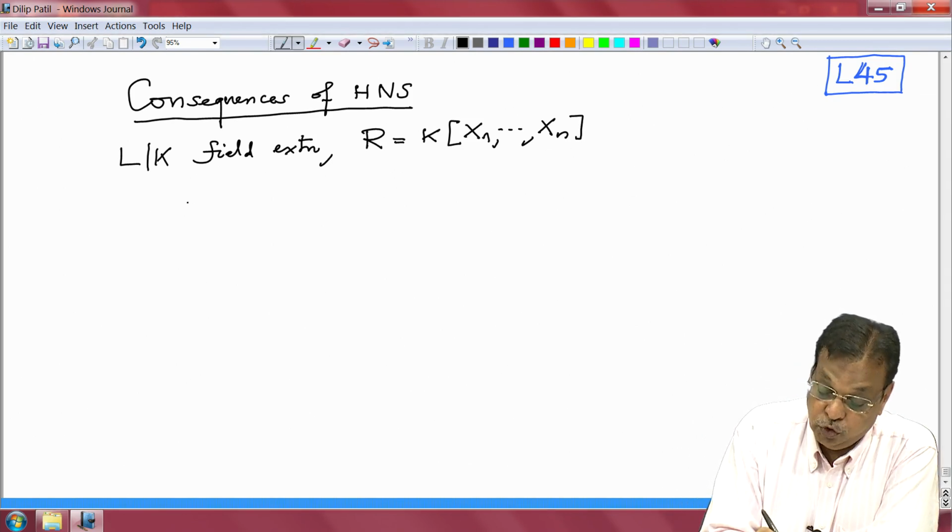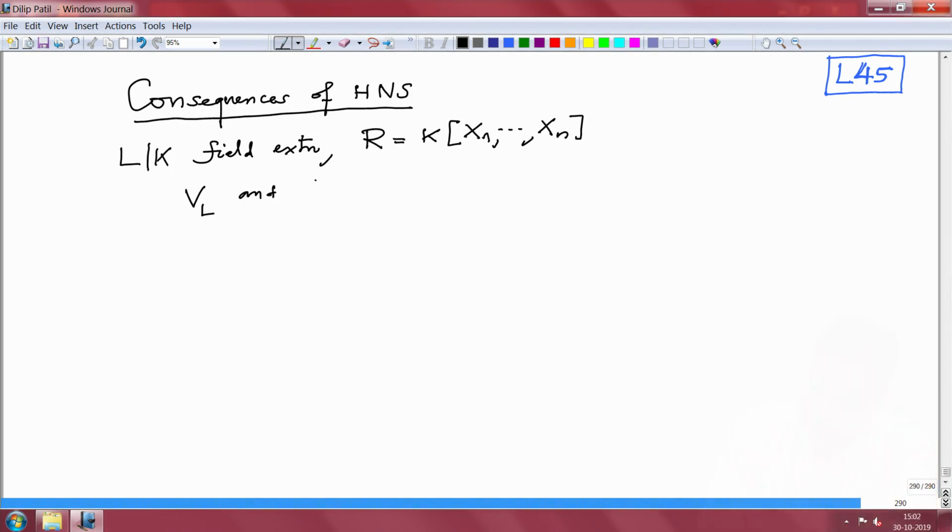And we have as usual these maps V_L and I_K as before. So, same notation. So, corollary 1.